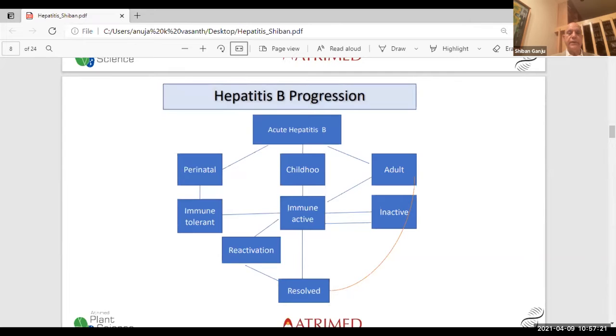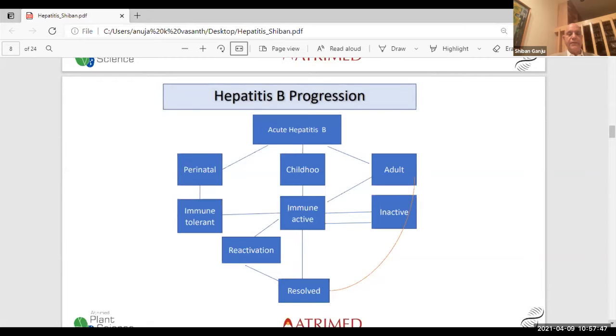Some become chronic hepatitis, and the square in the center shows immune active. It's another way of saying chronic hepatitis, which is active. So from inactive, they can go into the immune active stage. Now, children always go through the immune active stage before they become inactive, and so do the congenital or perinatal hepatitis people.